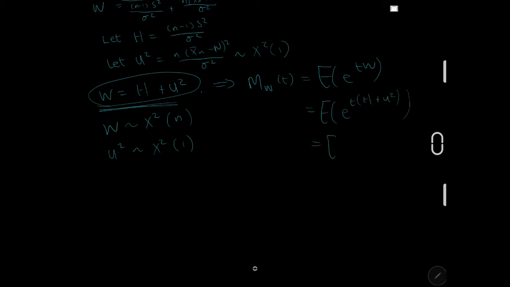And then when we bring that out, it's going to be E of e to the th multiplied by e to the tu squared.